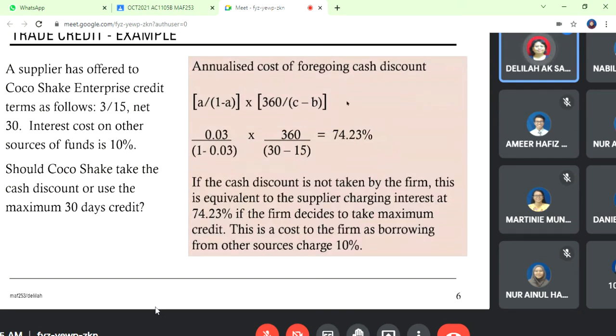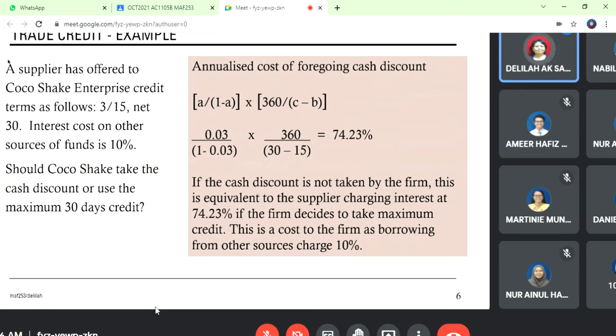You will have seen this formula: A divided by 1 minus A, times 360 divided by C minus B. Last week we already came across this formula.